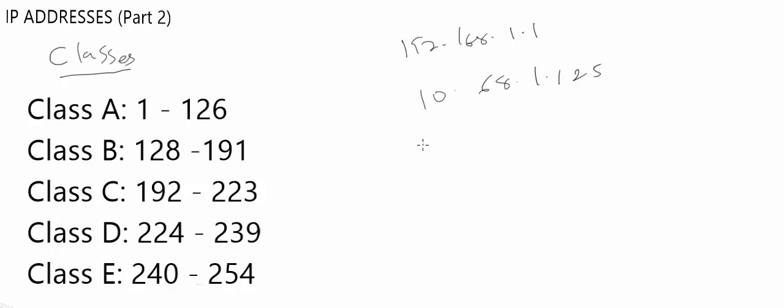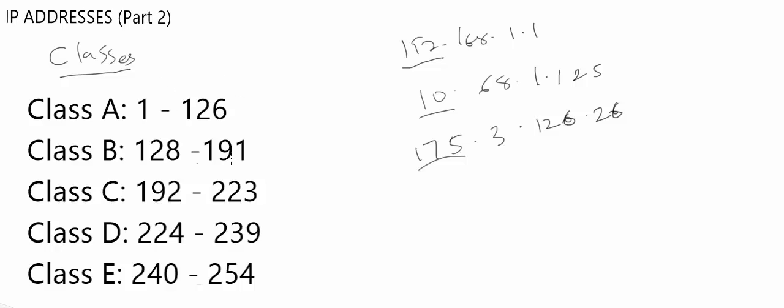Another example is 175.3.120, and 126.26. This is another example. Merely looking at the first octet, you can tell which class of IP addresses this belongs to.